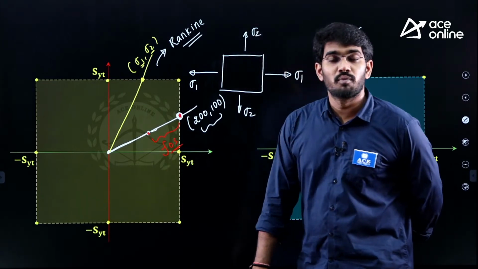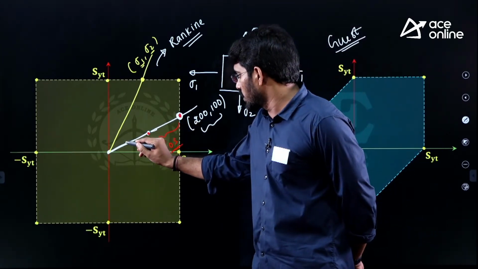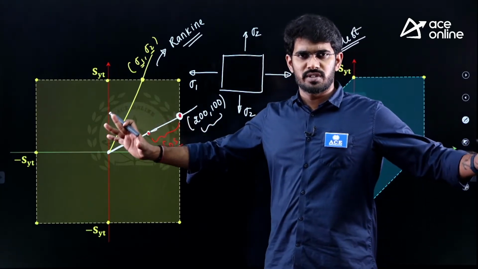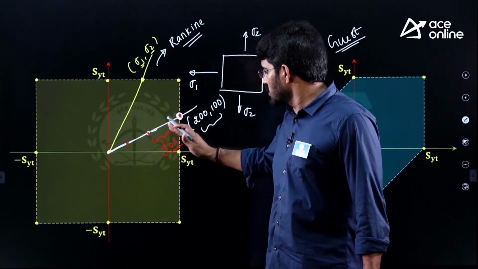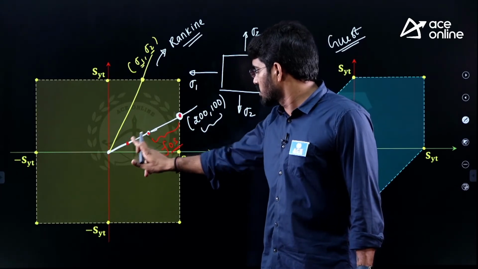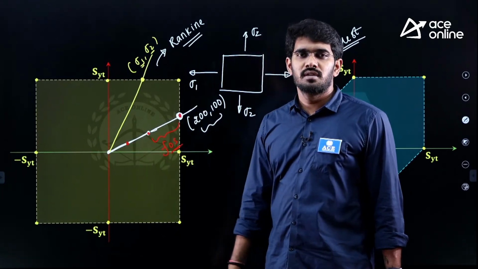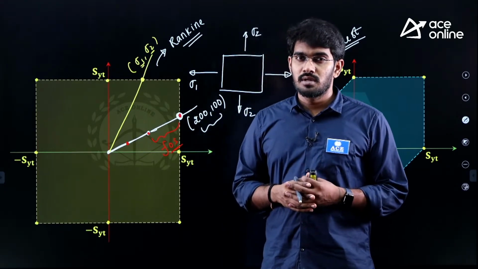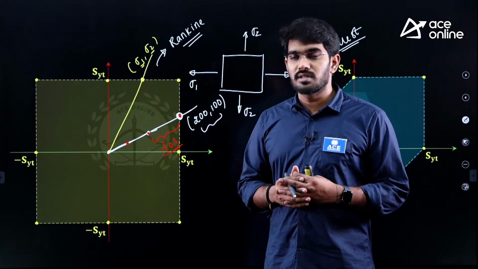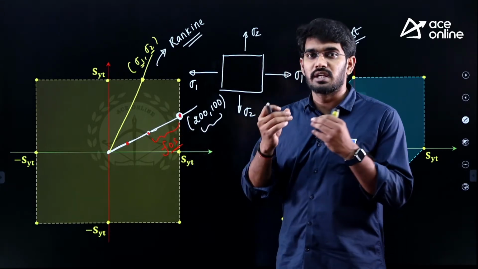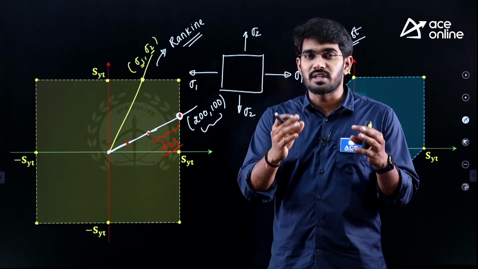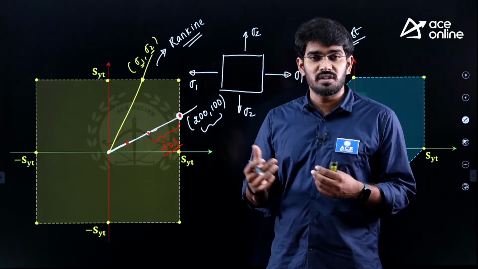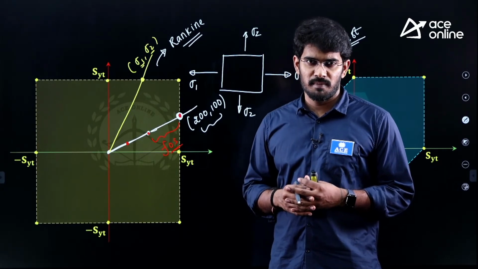The more the distance, the safer it is in terms of loading. If you increase the loading, the distance between this point and this point decreases, and because of that the safety is considered to decrease. As the safety keeps decreasing, once it reaches this position, it fails. The particle is assumed to fail according to this theory. It is simply a prediction by Rankine.